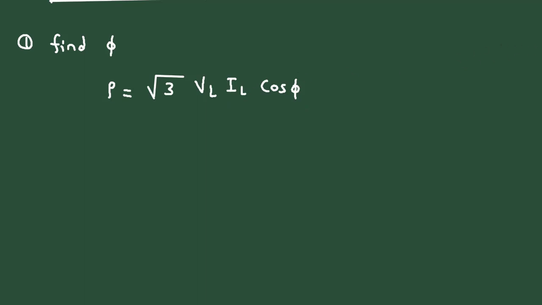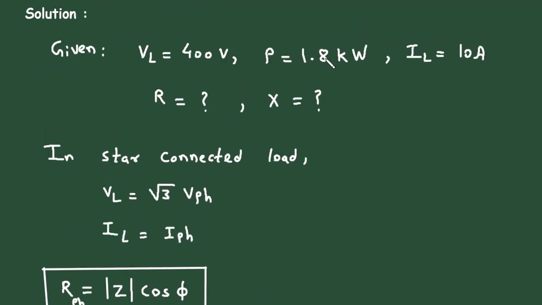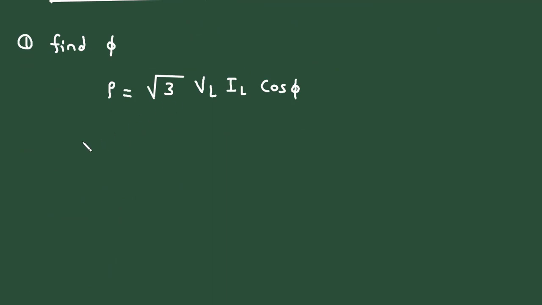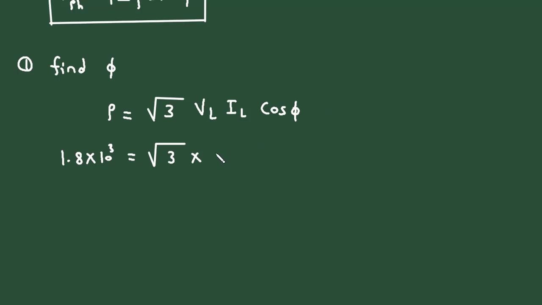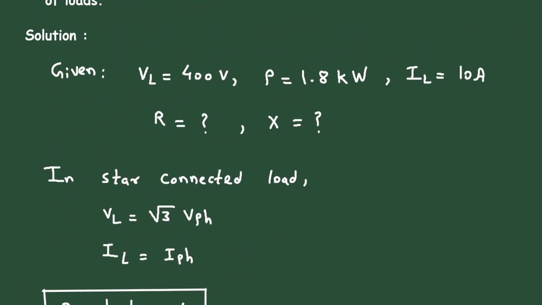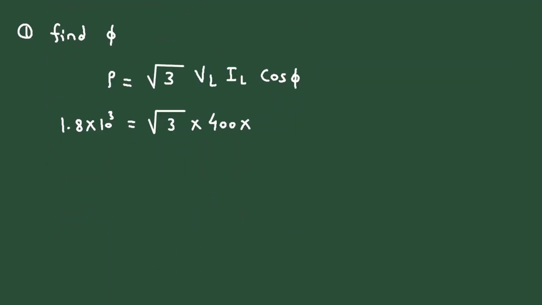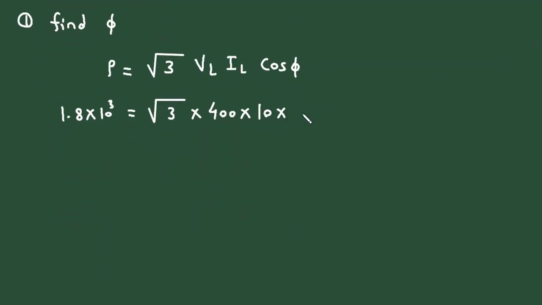The value of power is given, 1.8 kilowatt, so it will be 1.8 multiplied by 10 to the power 3 is equal to √3 multiplied by 400, the line voltage, multiplied by 10 ampere, the line current, multiplied by cos phi.